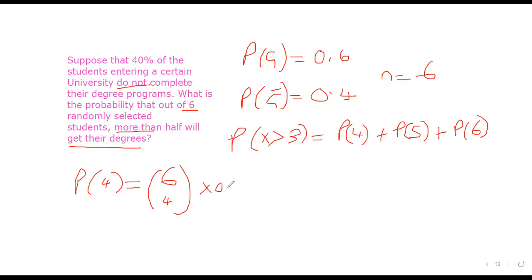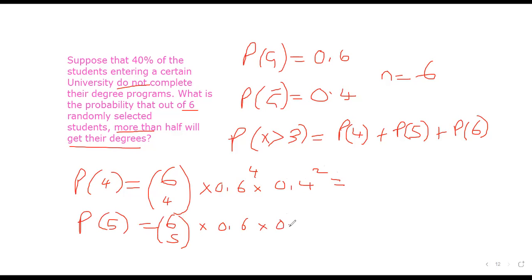Our p is 60%, meaning the remainder is 40%. You put 4, you put 2, get the answer. The probability of 5 is 6 combination 5, with 60% here and 40% here.